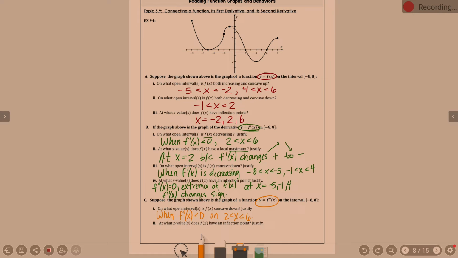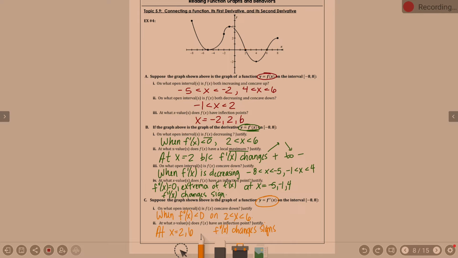The second derivative changes from positive to negative and negative to positive. So at x equals 2 and 6, it's because the second derivative changes signs. Positive to negative or negative to positive. I should be getting more official with those, but I only have limited room. Okay.